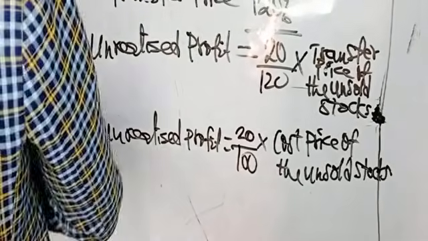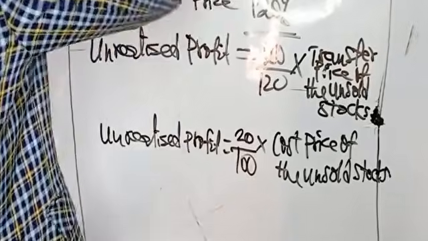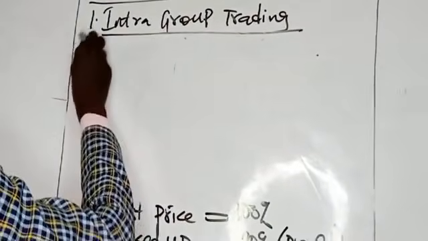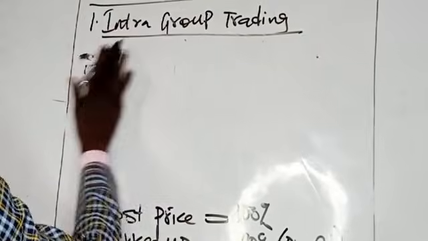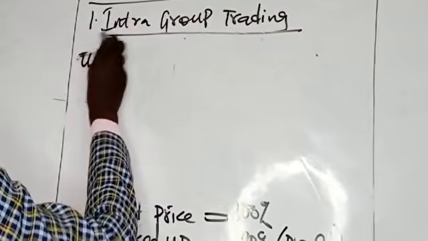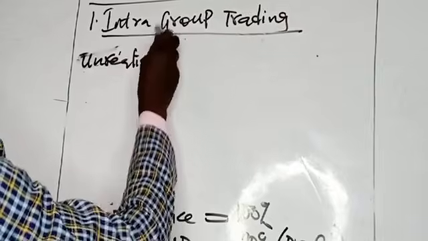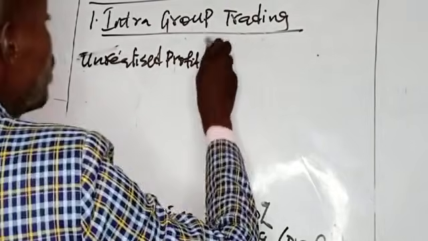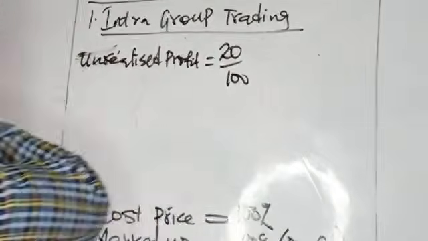But if the percentage you are given is margin, I've told you that your margin is on sales. And if you are given profit margin now, unrealized profit, if you are given margin, that means you are using 20 over 100 because it's already margin.